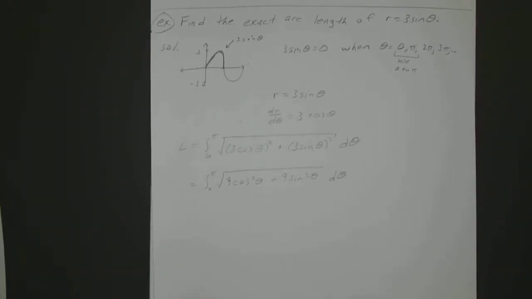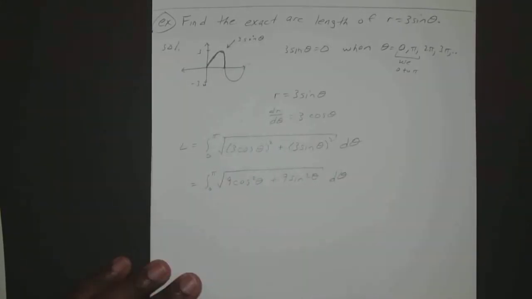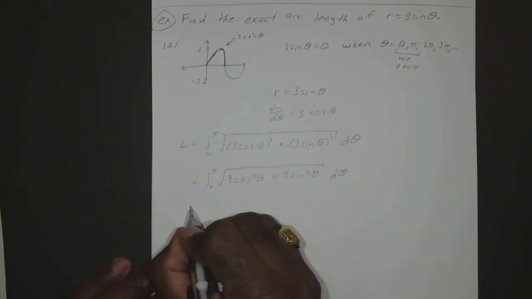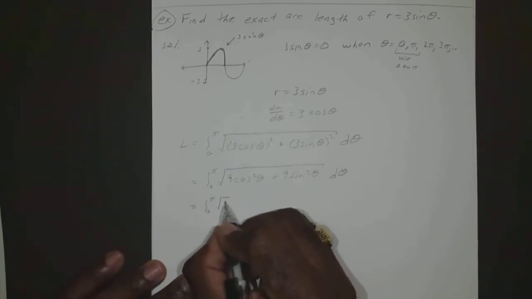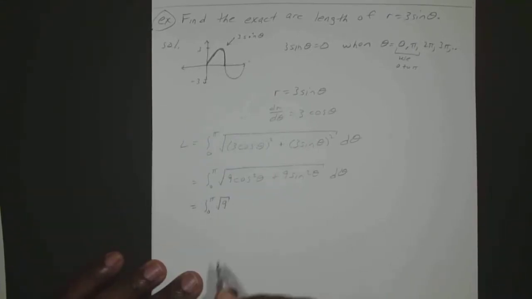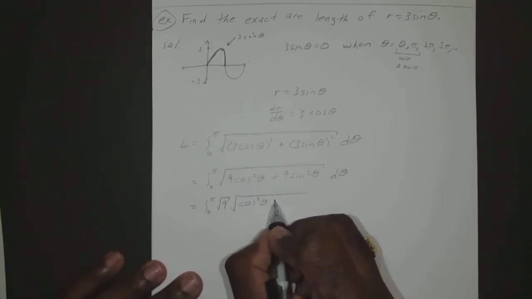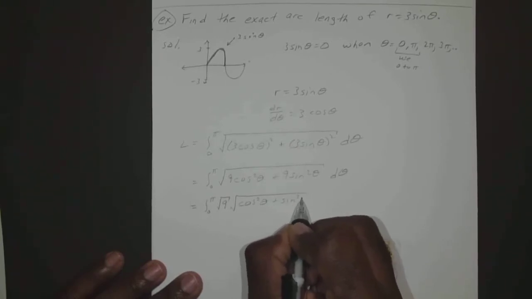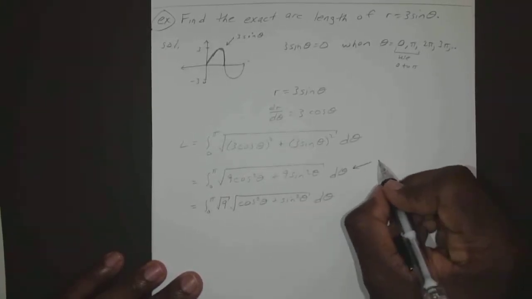Okay, so if we actually factor out a 9 from both of them, so from 0 to pi, we actually can factor out that square root of 9. Cosine squared theta plus sine squared theta. I'll just put that.